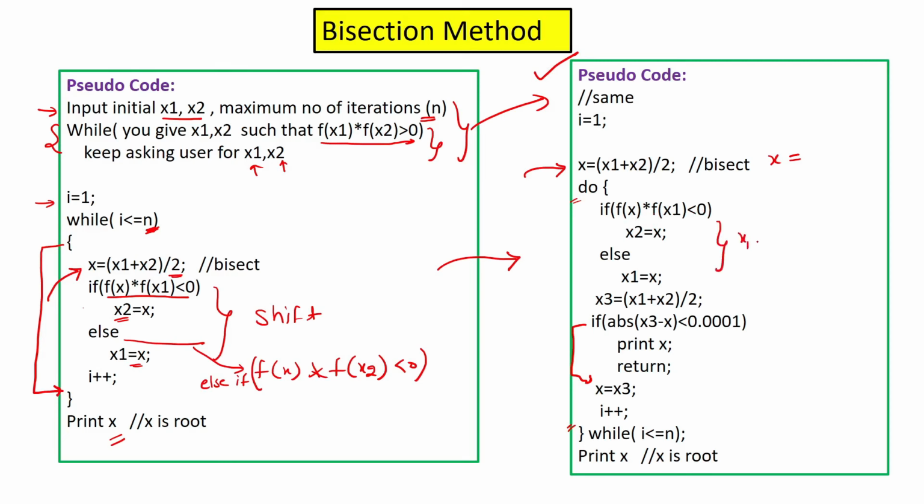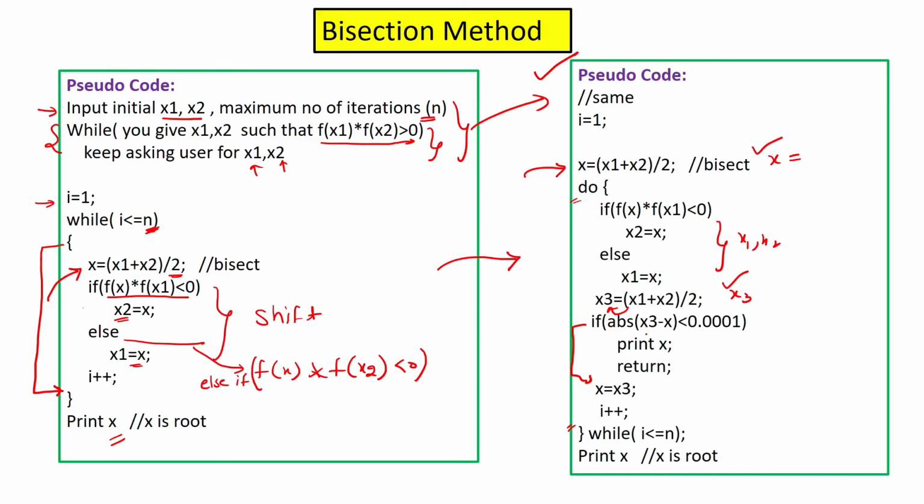Either x1 or x2 will get shifted as earlier. Then again we find the bisector point from the changed x1 and x2. We will get a new x, and here I have saved it into x3, not into x. So now I have x3 and x. This x is my previous iteration value and this x3 is my current value for the newer iteration.